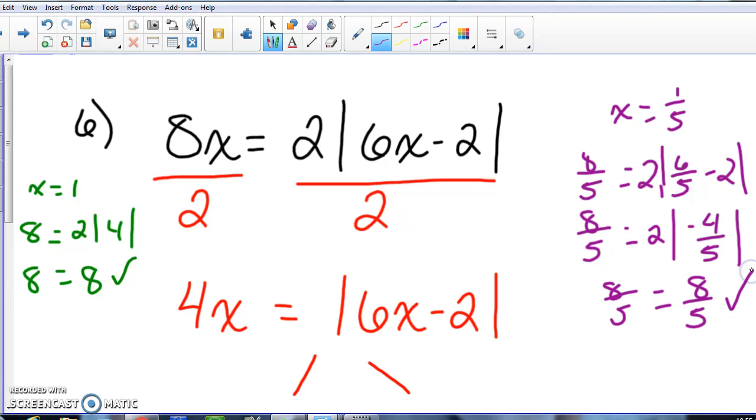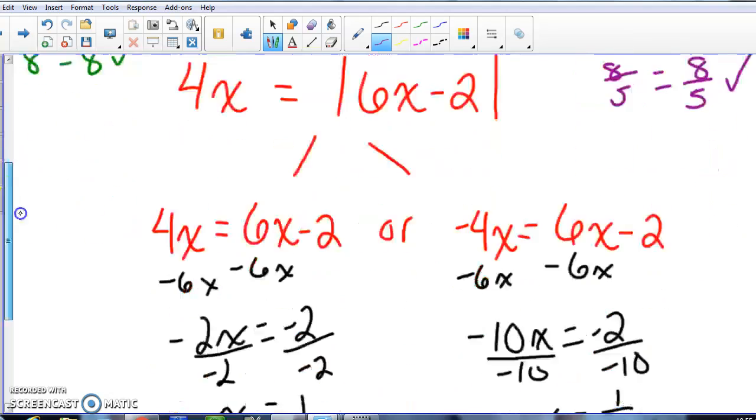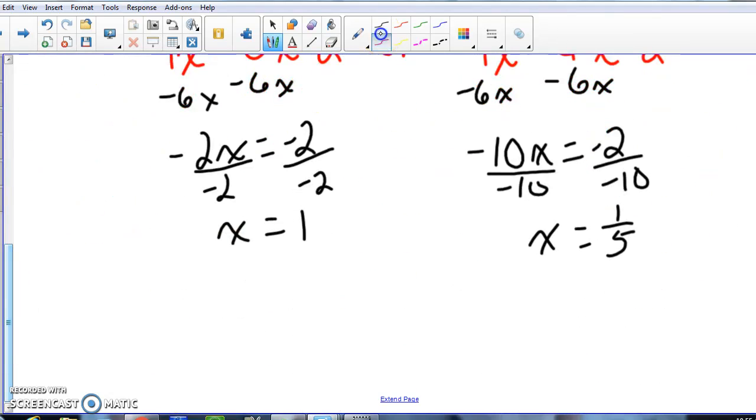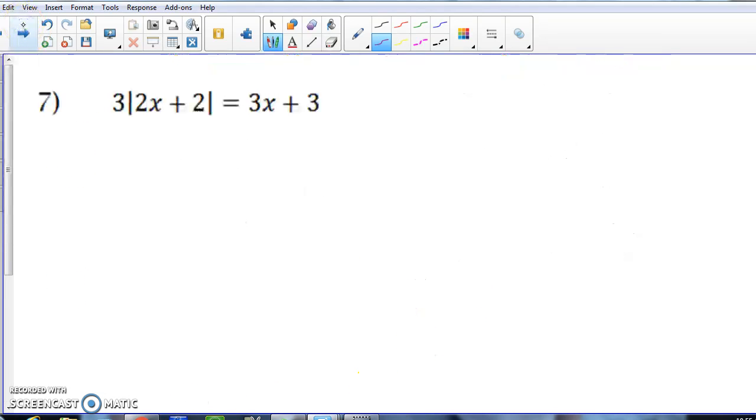So this one checks out too. Now, I understand that both of these checked out, so my solution set really is 1/5 and 1. Again, I understand they both check out here, but that's not always the case. Okay? So let's look at the next one.